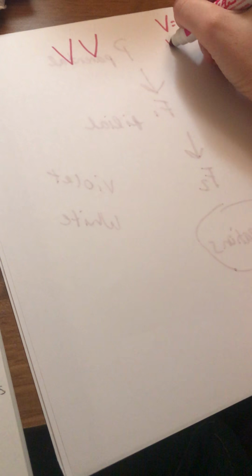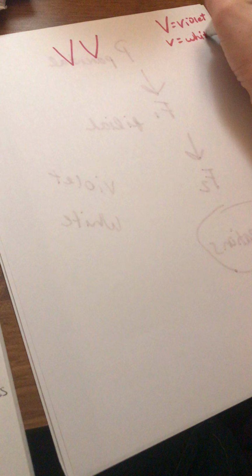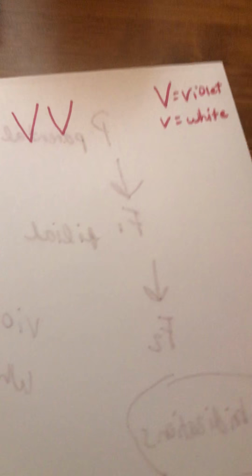So let's draw it in a chart form. For example, in that parental generation, you had the violet. The capital V is violet, the dominant, and the little v is the white, which was recessive. So you're mixing a violet plant with a white.